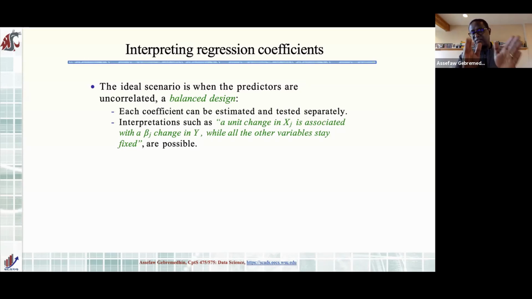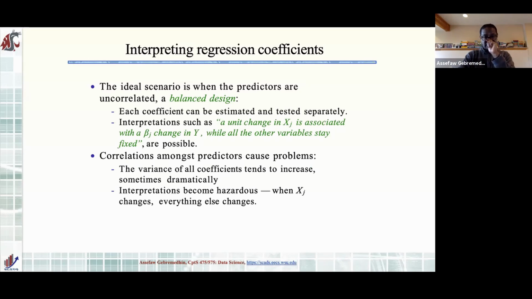But an interpretation like the one I gave you a slide ago would be possible when the predictors are not correlated. But correlation is a common phenomenon. There will be something that is going to be strongly correlated with another one. And so this kind of change, when the others are fixed, will no longer be possible.